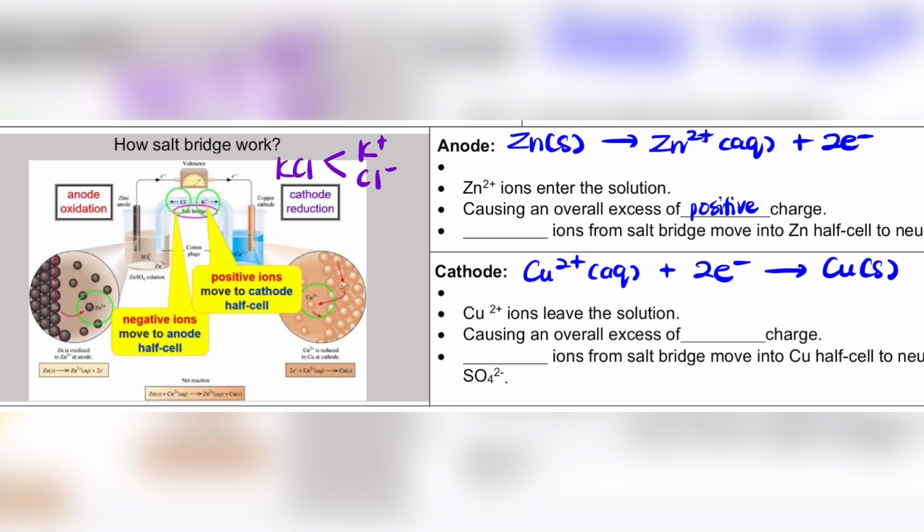Because of the positive overall charge at the anode, it will be neutralized by taking negative ions from the salt bridge. So Cl- ions will move from the salt bridge into the zinc half cell to neutralize the overall positive charge. Okay, so I put Cl-.